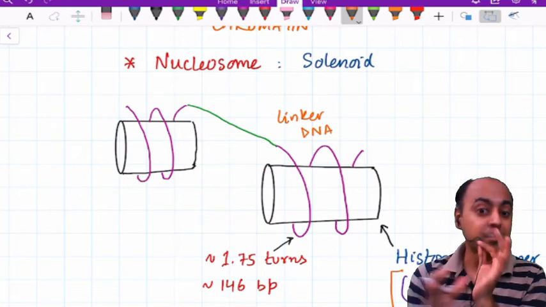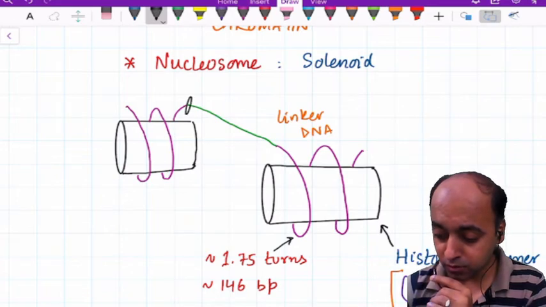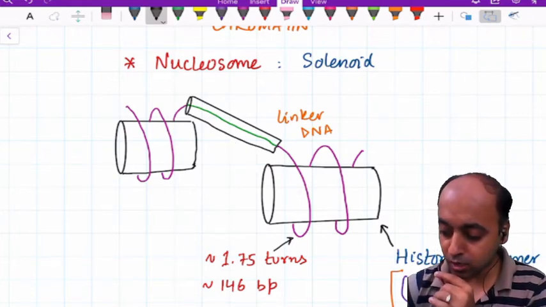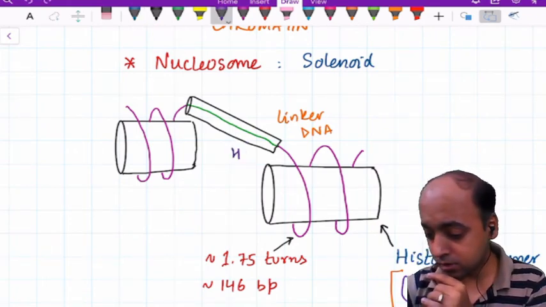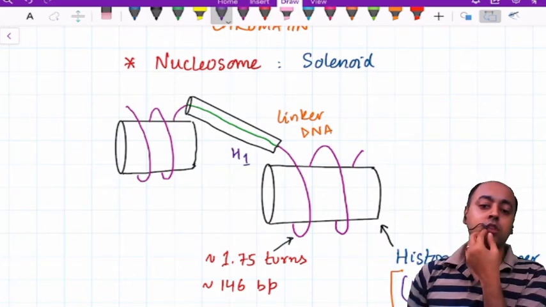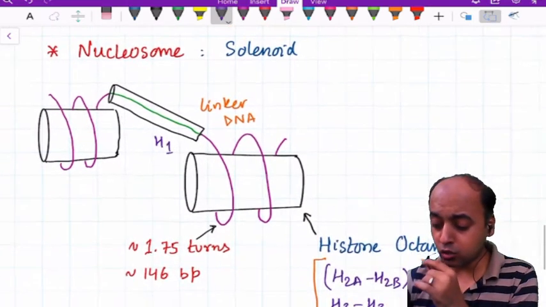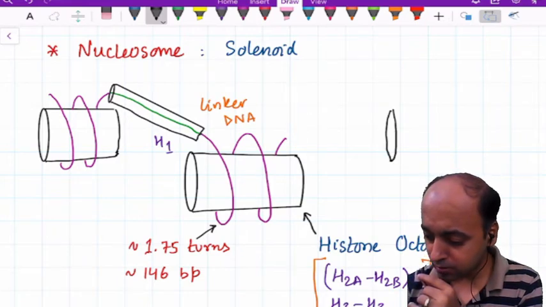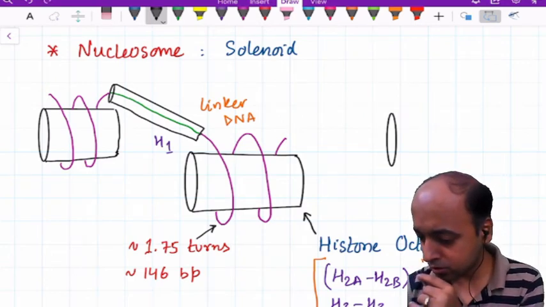The linker DNA is not exposed. Please note, the linker DNA is not exposed. It is also associated with a type of histone, which is the H1 histone. So linker DNA protected by H1 histone is lying in between the nucleosomes. We can have another nucleosome here.